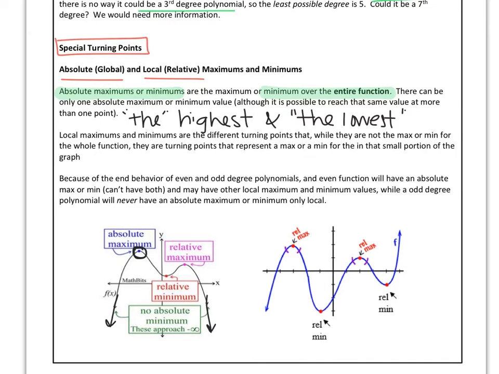Okay, and then the next section we have talking about local maximums and minimums, and again, those could also be called relative. And these are various turning points that are not the highest or lowest, but they are turning points that represent a max or min for a small portion of the graph. So I just refer to these as a high point or a low point.